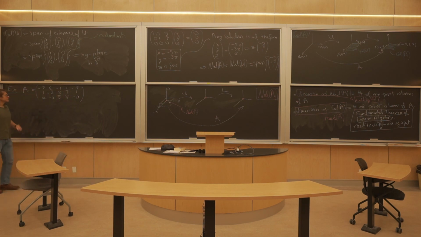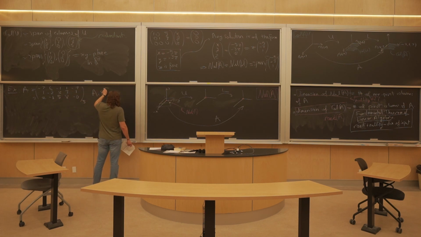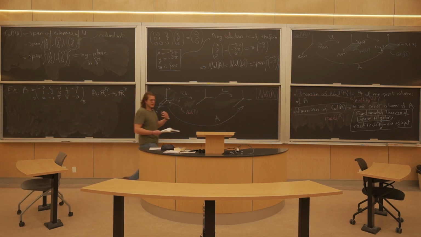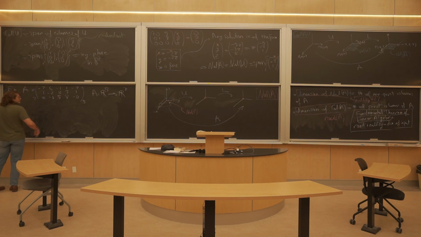I'm not going to spend any time on reducing. But this is a 3 by 5 matrix, which means that I can think of it as a transformation from 5 dimensions to 3 dimensions, right? Because the number of columns is the number of input dimensions, and the number of rows is the number of output dimensions.